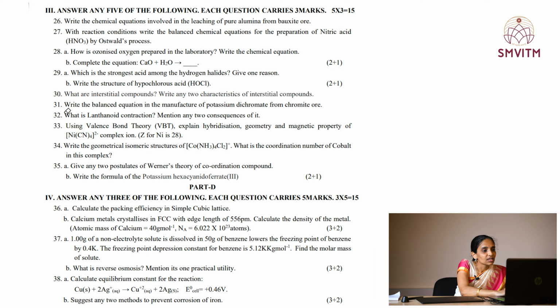So 30th and 31st question is asked from D block elements, and 32nd question is from F block elements. The rest of the 3 questions, that is 33, 34 and 35, they come from coordination compounds. So out of these questions, certain questions are almost sure questions, which we shall discuss later.